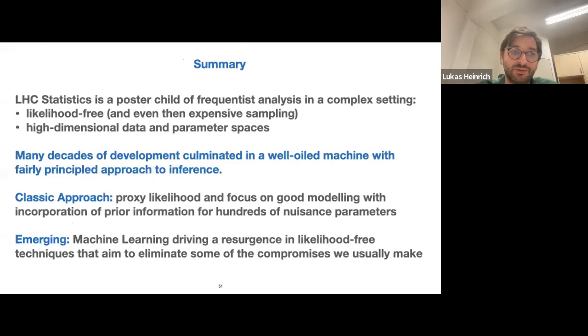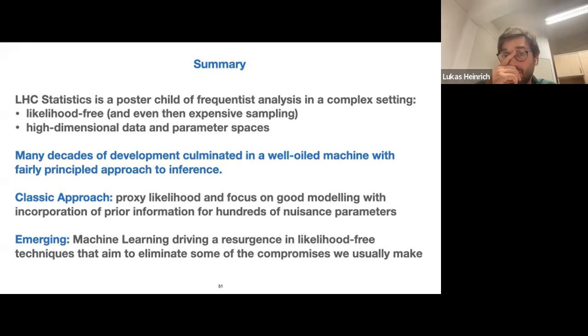Okay, so this brings me to a summary. I think LHC statistics in the classical sense is a poster child for frequentist analysis in a fairly complex setting. We are likelihood free, so we can only sample from a simulator. The simulator is pretty expensive, the data is very high dimensional, and the parameter space is very high dimensional.